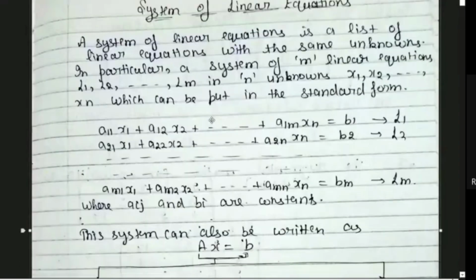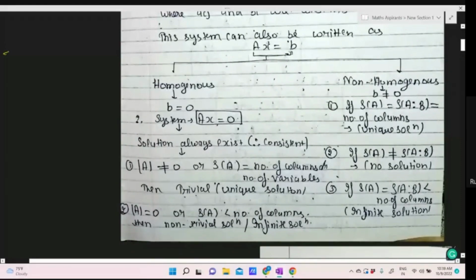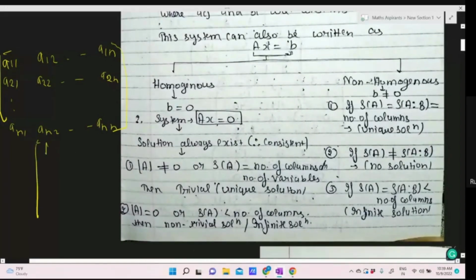Now this system can also be written as AX is equals to B. Here A is the coefficient matrix, that is a11, a12 and so on a1n, a21, a22 and so on a2n, up to so on an1, an2 and so on ann. This is known as the coefficient matrix. Here B is the column vector b1, b2 and so on bn.